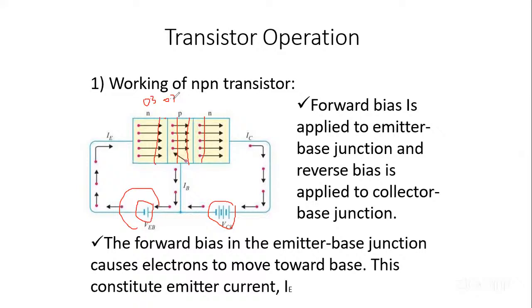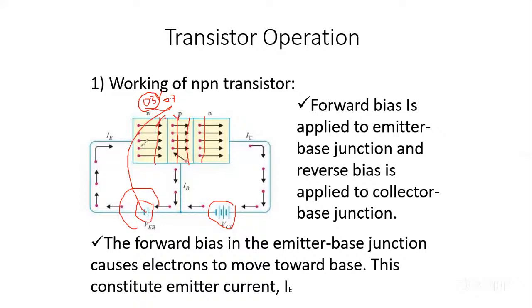So when I apply biasing, when I bias the junction, when I apply voltage to this input section, the voltage will increase from 0, increasing upward to, if it is germanium, above 0.3 volts before charges will begin to flow across.